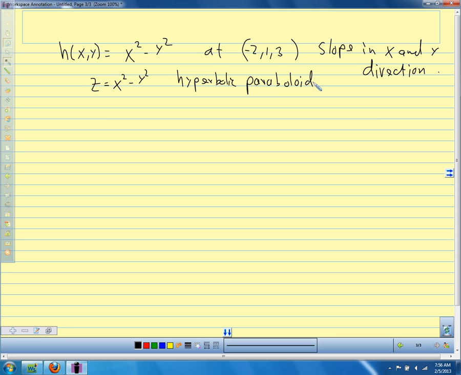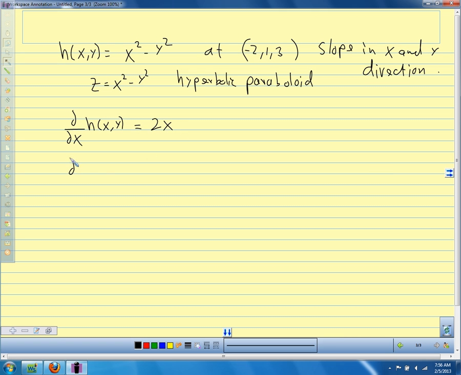So the slope in the x direction, as x changes but y is constant, that's our partial with respect to x. So we're going to say the partial with respect to x of h of xy. What's going to be our partial with respect to x? It's 2x.